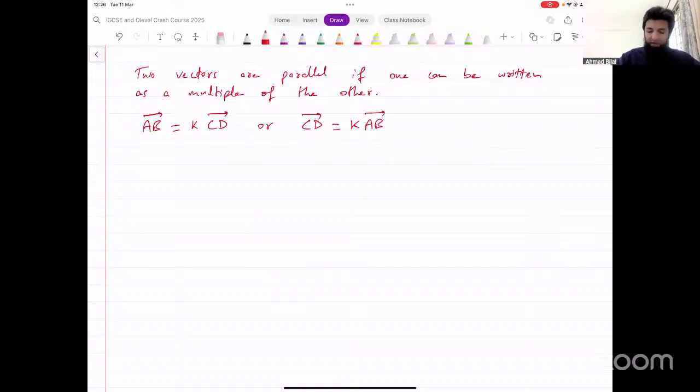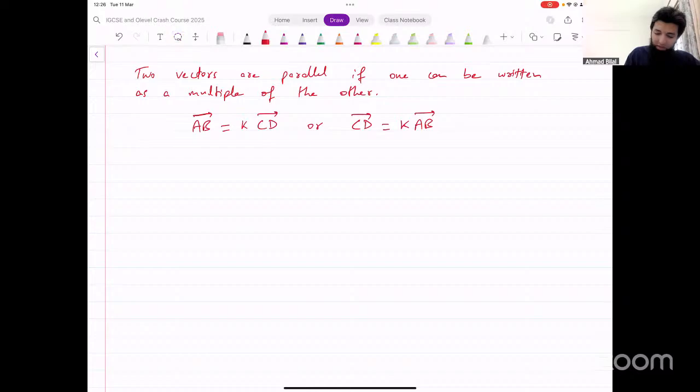If we can write the vectors in one of these forms, then that means AB and CD are parallel. So if AB can be written like this, or CD can be written like this, that means AB and CD are parallel.